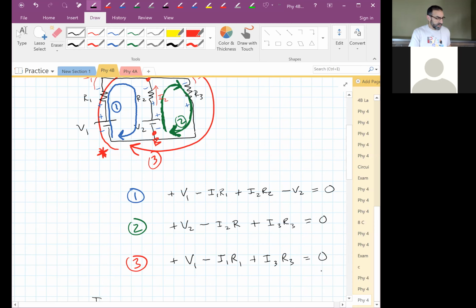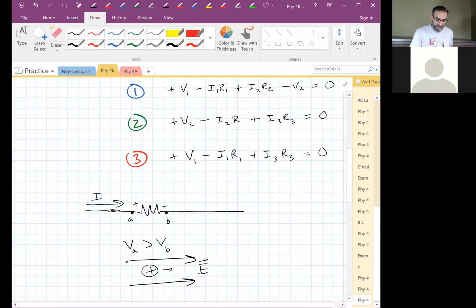So those are our three equations. We'll pick two. It doesn't matter which two. And we'll use a junction rule.